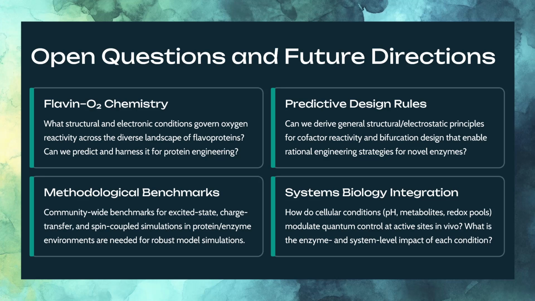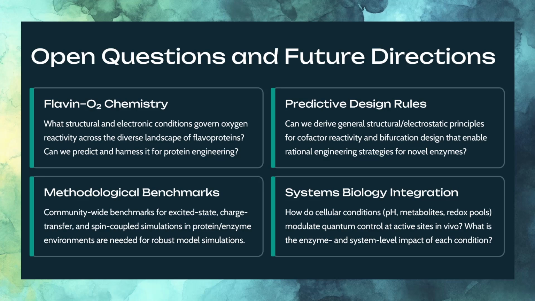And finally, the question of how to integrate this into our existing knowledge of systems biology. How do cellular conditions like pH, presence of metabolites, and other redox pools actually modulate physiological quantum control at active sites in living systems?